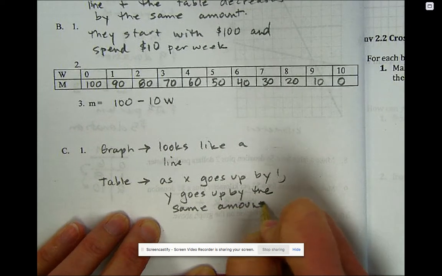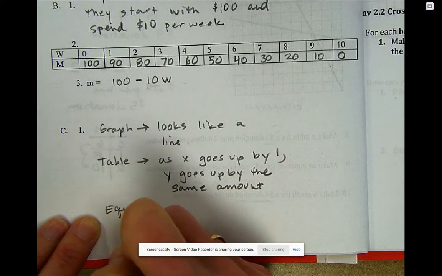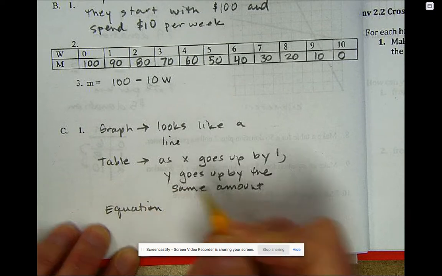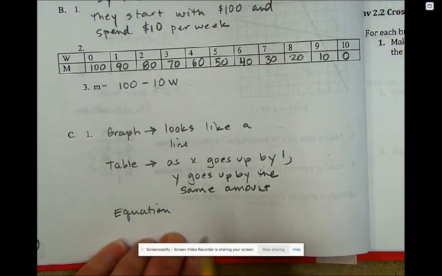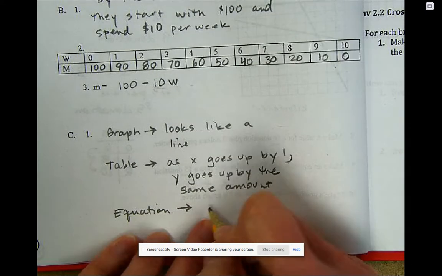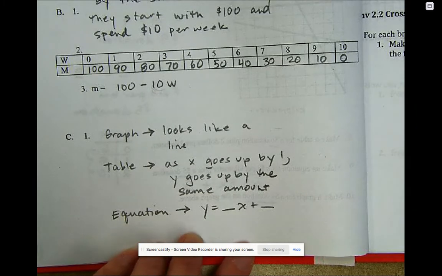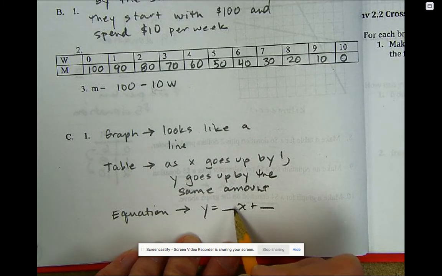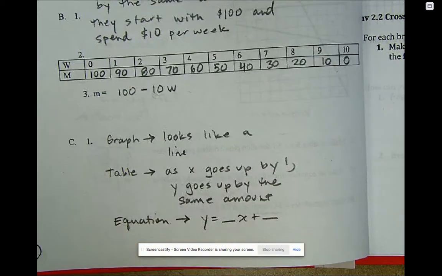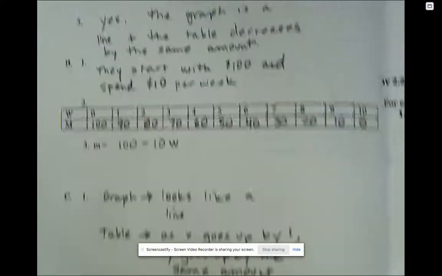Okay, and then how about from an equation? Okay, so from an equation, it looks like y equals something times x plus something. Okay, so some multiplier times our variable plus some other number. Okay, all right, so that's the end of 1.4.